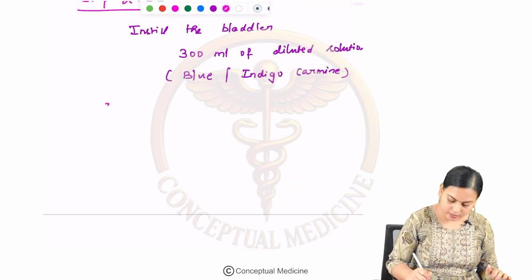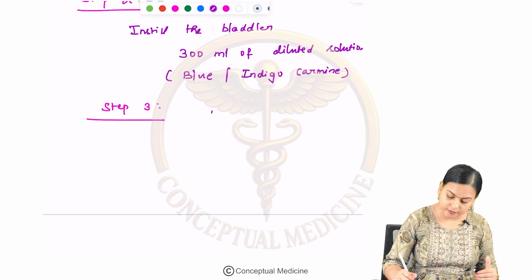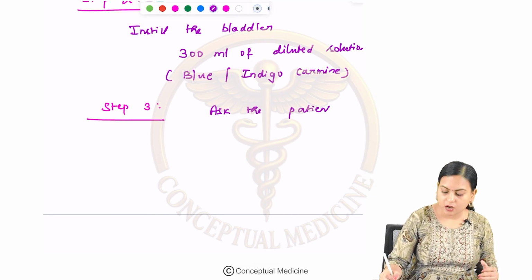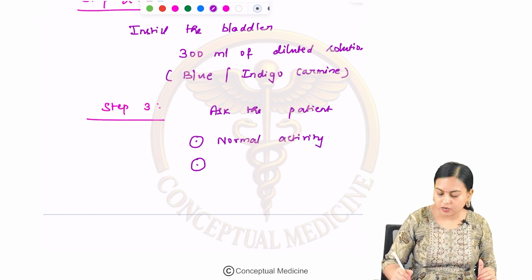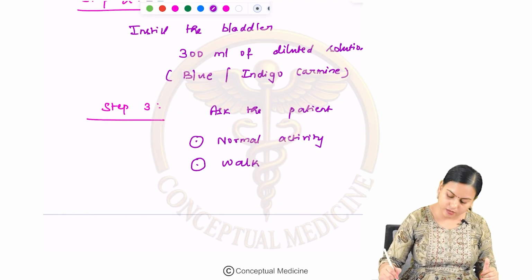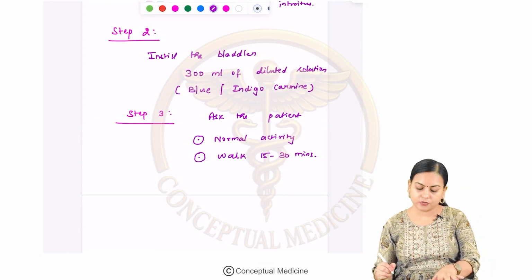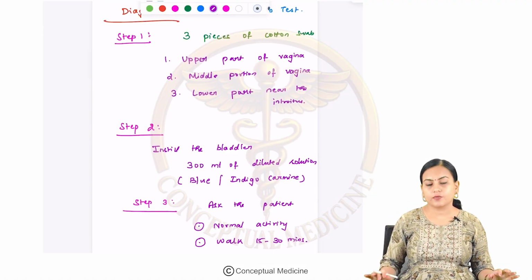Then step 3, you have to ask the patient to do normal activity or then she can be asked to walk for 15 to 30 minutes. Okay, so these are the 3 steps of doing this 3 swab test.